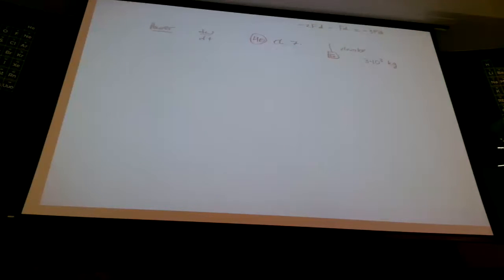And it moves up 210 meters at a constant speed in 23 seconds. So it goes up 210 meters, takes 23 seconds to get there at a constant speed.